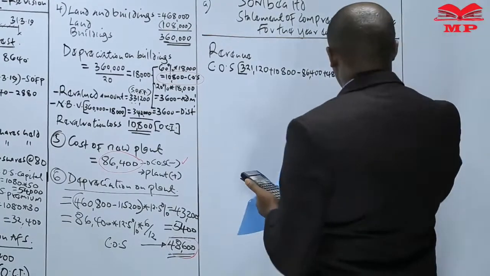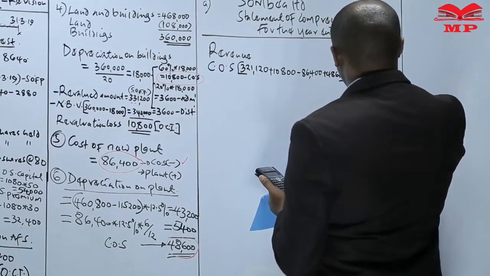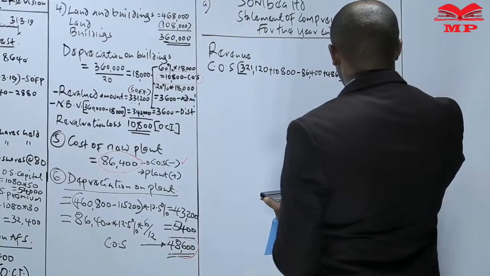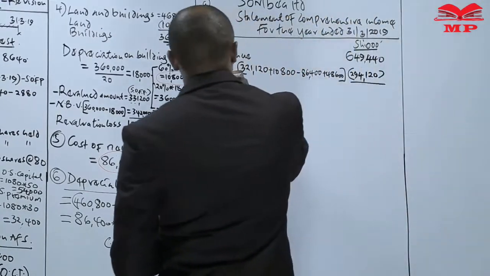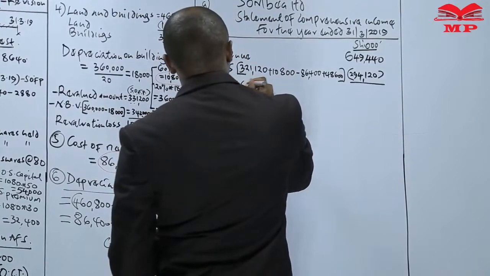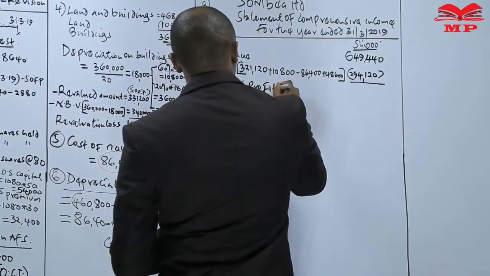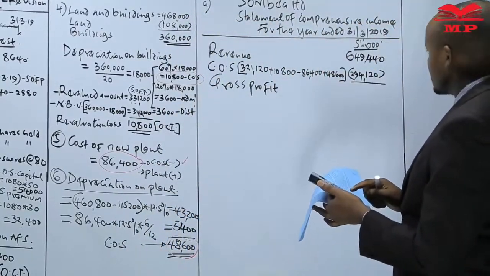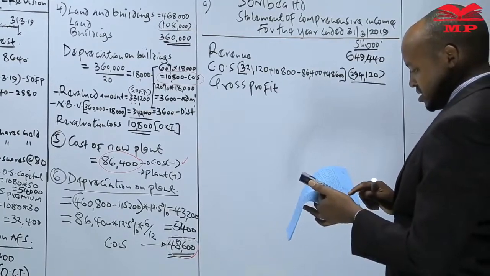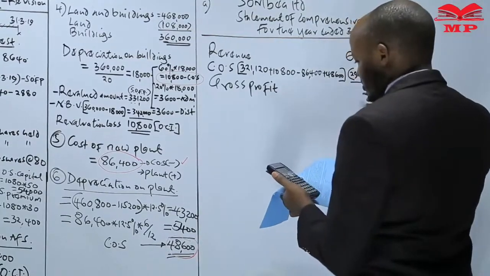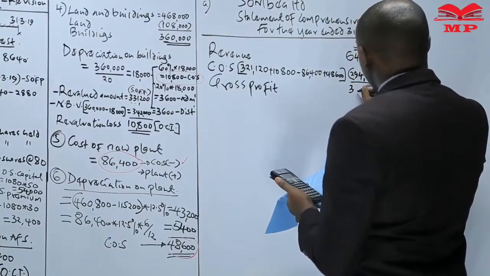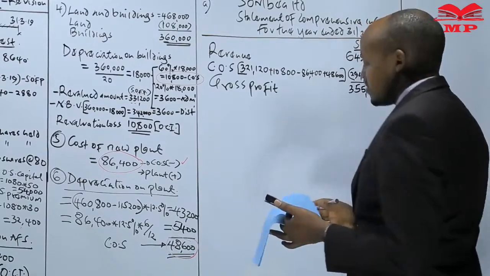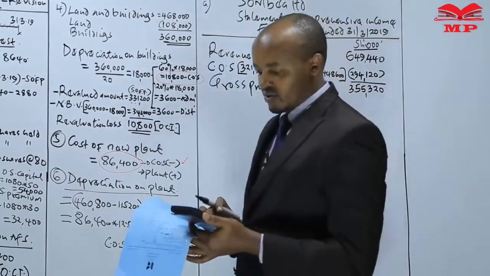Yes, that will give us the cost of sales of 294,120. So let's start from our revenue to get the gross profit. Now our gross profit will be equal to our revenue, 649,440, and then we less the cost of sales, which will give us 355,320. So that is now the gross profit.